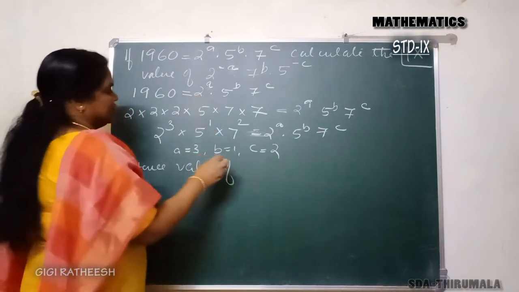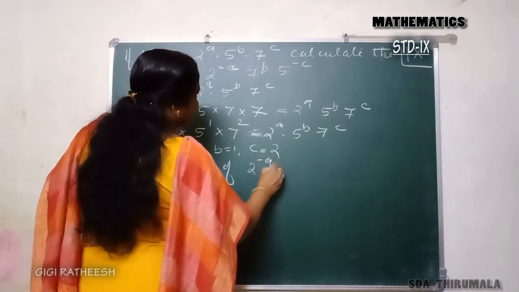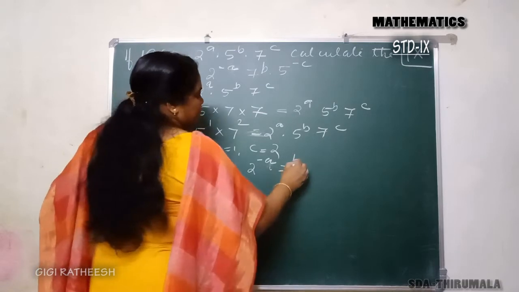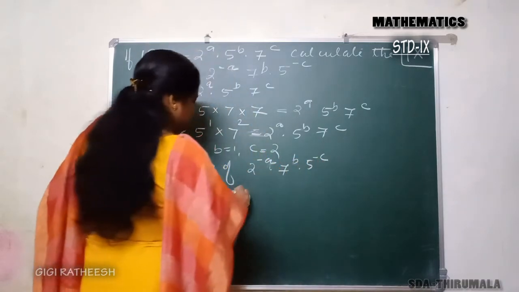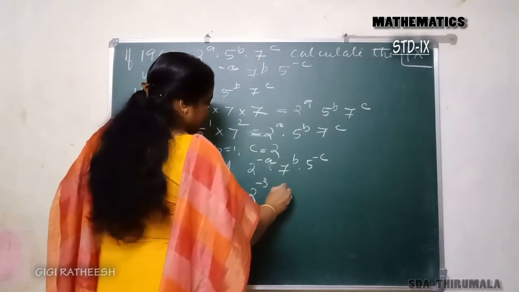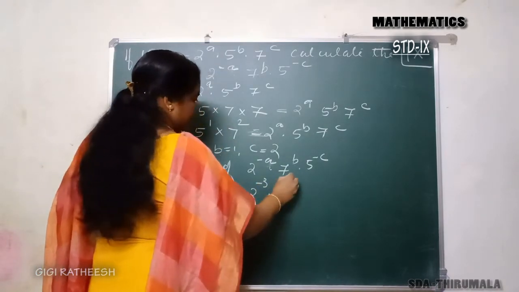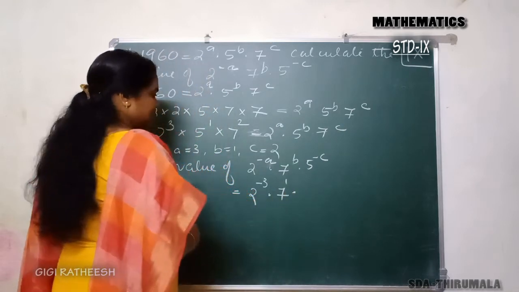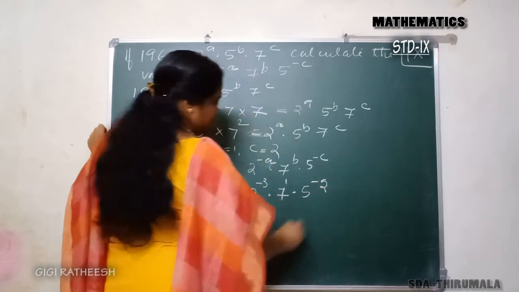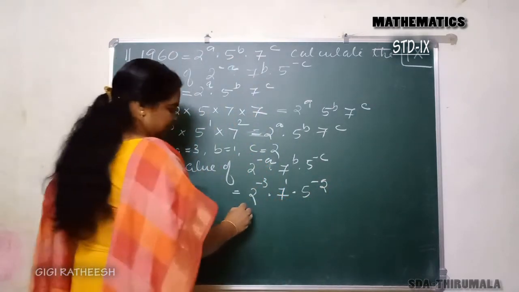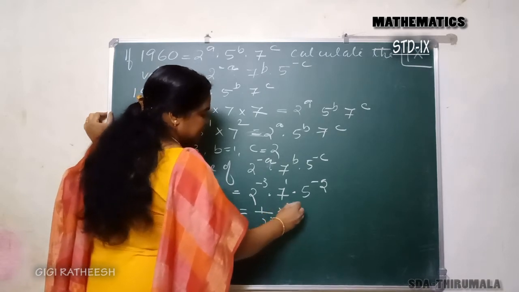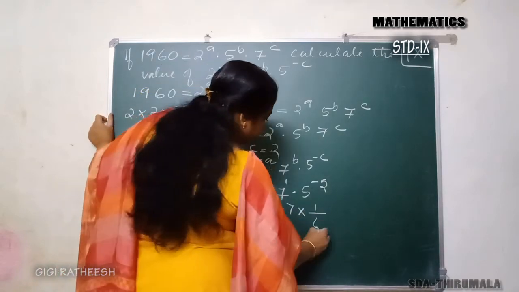Hence the value of the question is 2 raised to minus a into 7 raised to b into 5 raised to minus c. That is 2 raised to minus 3 into 7 raised to 1 into 5 raised to minus 2, that is equal to 1 by 2 cube into 7 into 1 by 5 square.